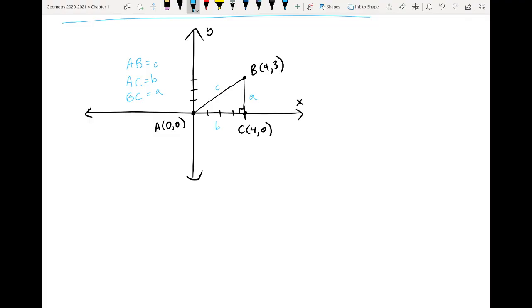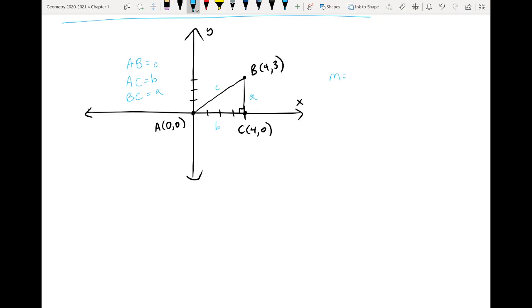Next idea. Well, we know the distance of AC and we know the distance of BC, right? Because we can just use the counting principle or we can use the absolute value. I want us to consider AB. First thing is we know how to calculate its slope. That's something from Algebra 1. Remember how slope was identified?